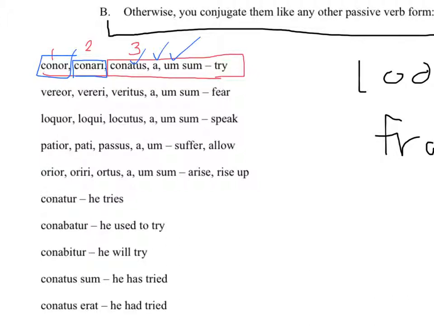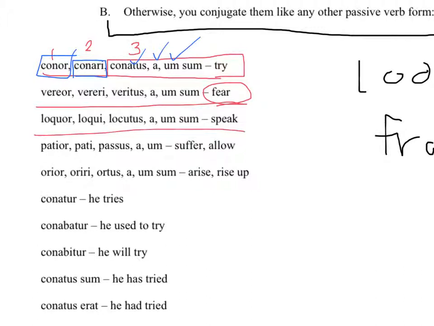Translated as if it were active. And yet to your eye, it looks like you've just conjugated a passive verb. Again, look at vereor, or the principal parts, only three principal parts. And it doesn't mean I am feared, that would be the passive voice. It translates as if it were an active verb, I fear.